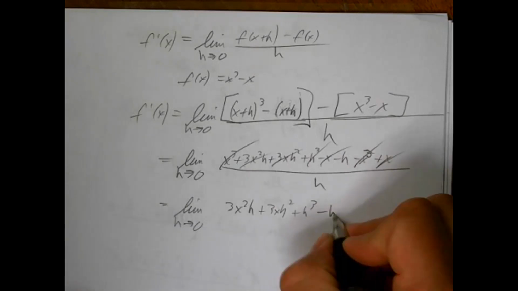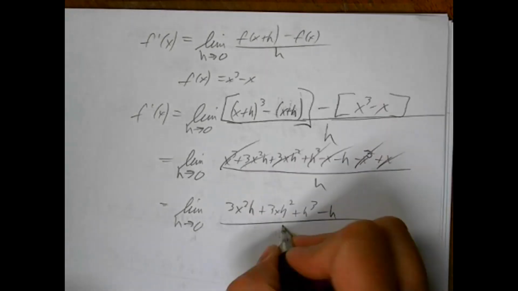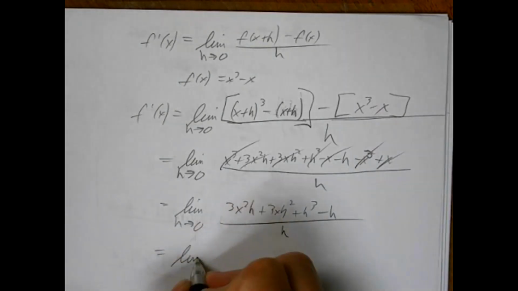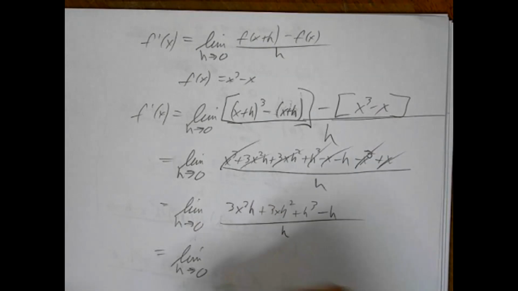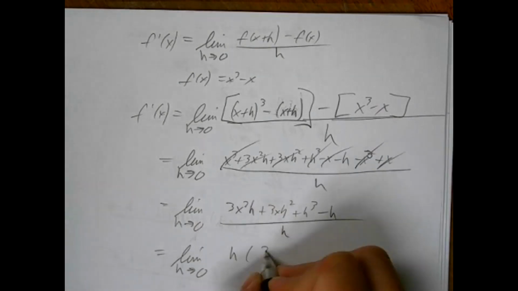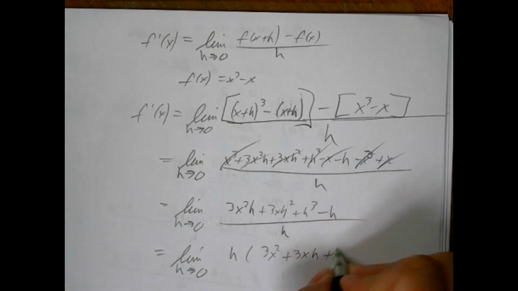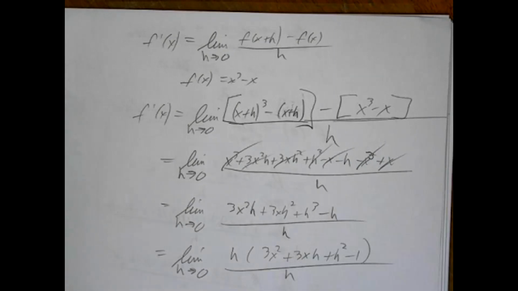And minus an h. There. Finally, once you copy everything down, right there it is. Again here, the h factors out. There's the h down there. H's cancel.